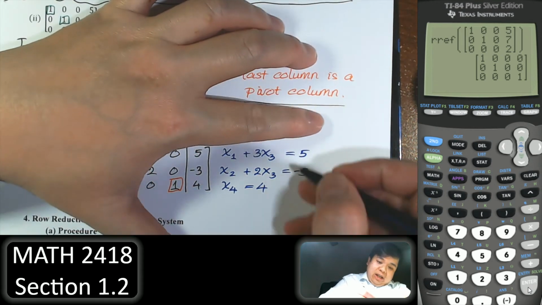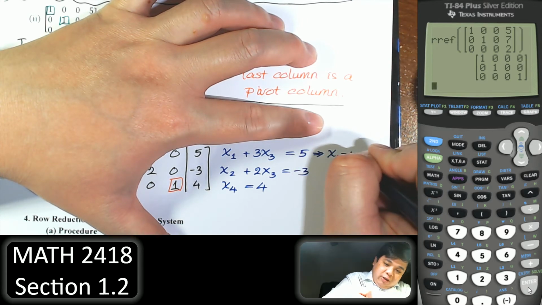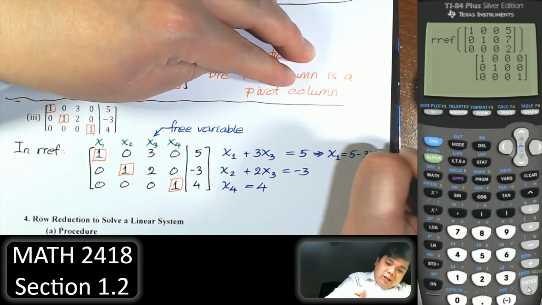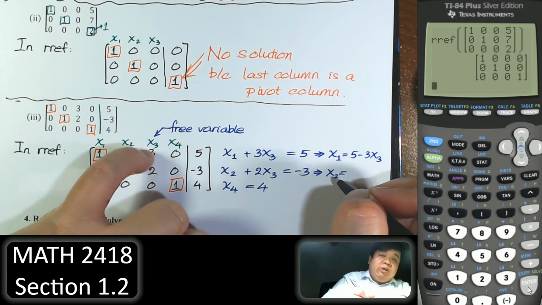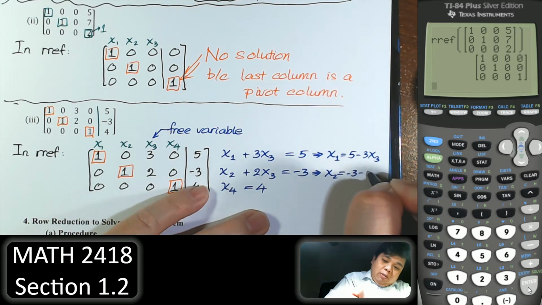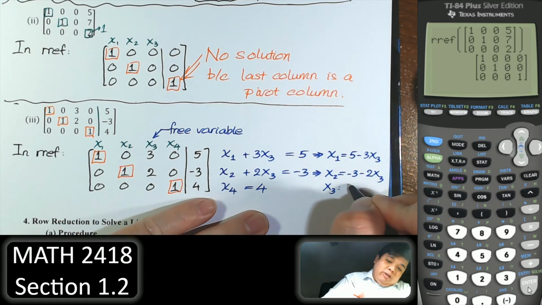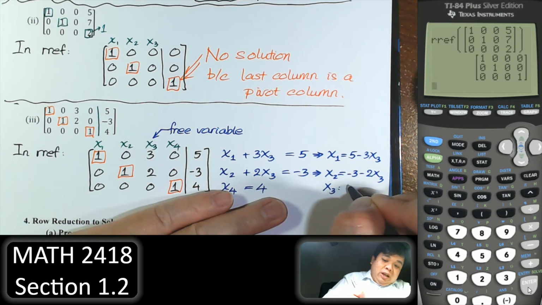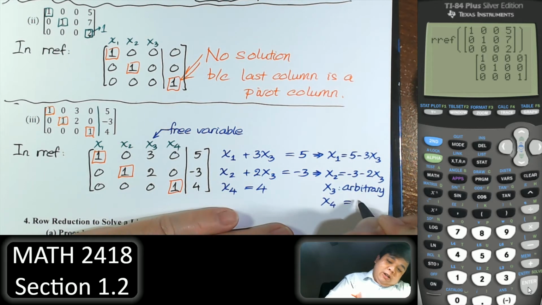From here we can say x1 is equal to 5 minus 3x3. We solve the basic variable in terms of the free variable: x2 equal to -3 minus 2x3. x3 of course is the free variable, so x3 is arbitrary, could be anything, and x4 is equal to 4, and that is the solution.